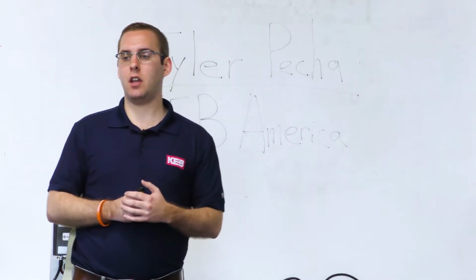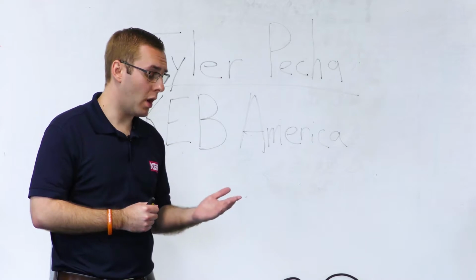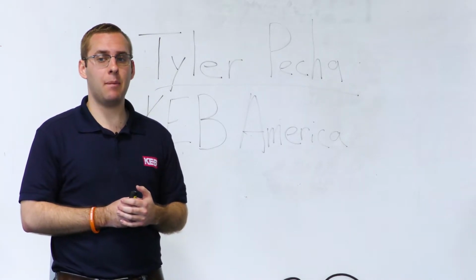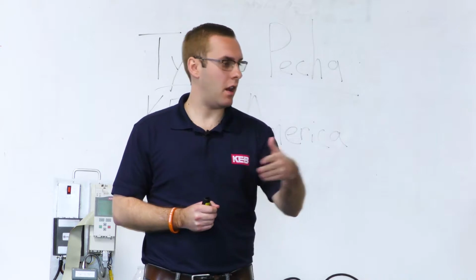Another thing you can check is the actual DC bus itself with your meter. You want to make sure that your meter has the capability to go over 600 volts DC, but you can measure across the plus and minus terminals and verify that it's roughly the same as what the drive is calculating. If there's a significant difference, or if the drive is reading 0, then you know that there's an issue with the measurement circuit on the drive.